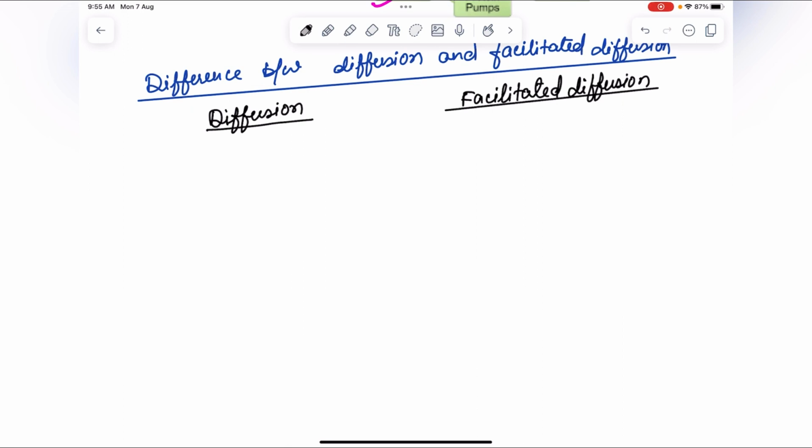In facilitated diffusion, the movement of substances takes place from higher concentration to lower concentration through the transport protein present in the cell membrane.